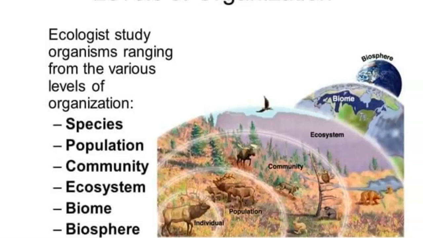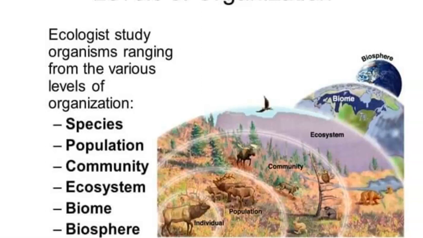Here we've got a reindeer. When we have several reindeer together, it's the population, whatever the population of the area that we're studying, I don't know how big it might be. Then we move into a larger classification, which is the community. Now it's not just reindeer we might be talking about, we might be talking about other populations of other animals, a population of hare or rabbits, population of wolves, population of certain birds, whatever.